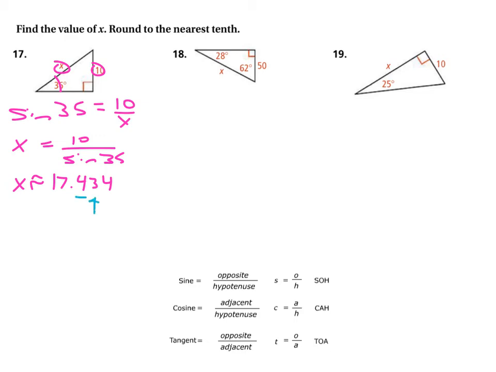We're rounding to the tenths place. Do we look here? Is this 5 or higher? No. So that does not go up. It stays a 4. And we get x is approximately equal to 17.4.